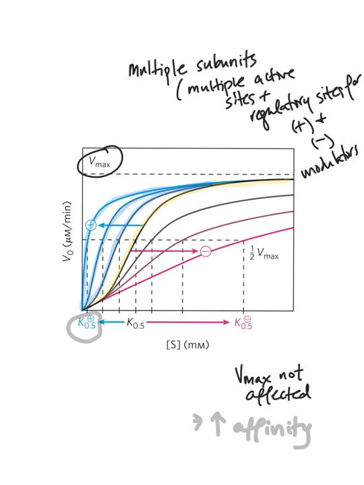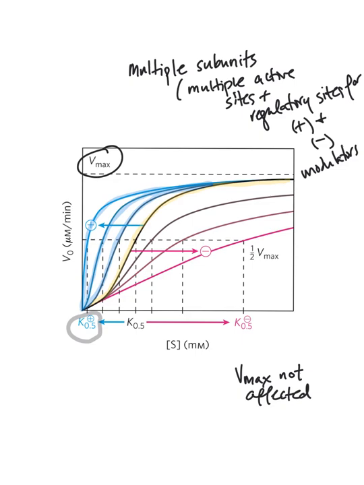So your K0.5 will get smaller and smaller with higher and higher concentrations of positive modulator. Even if you didn't have a lot of different subunits, you'd still see this shift to the left, because you're going to be making the enzyme more active, with a higher affinity for substrate.